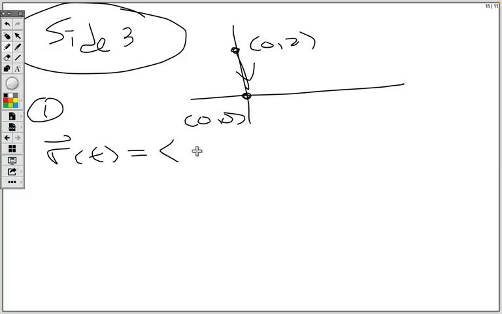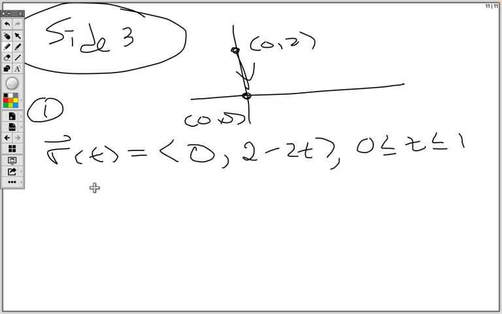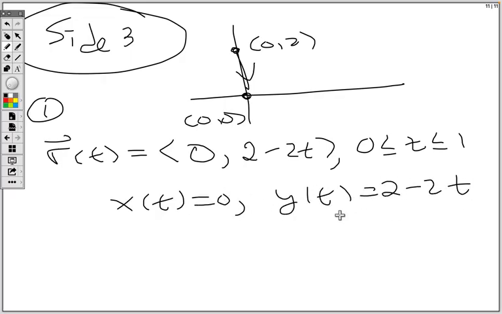So x is always 0. I'm starting at y equals 2. I'm ending at y equals 0. So there's my 2 minus 2t. So that gives me that x of t is 0. y of t is 2 minus 2t.